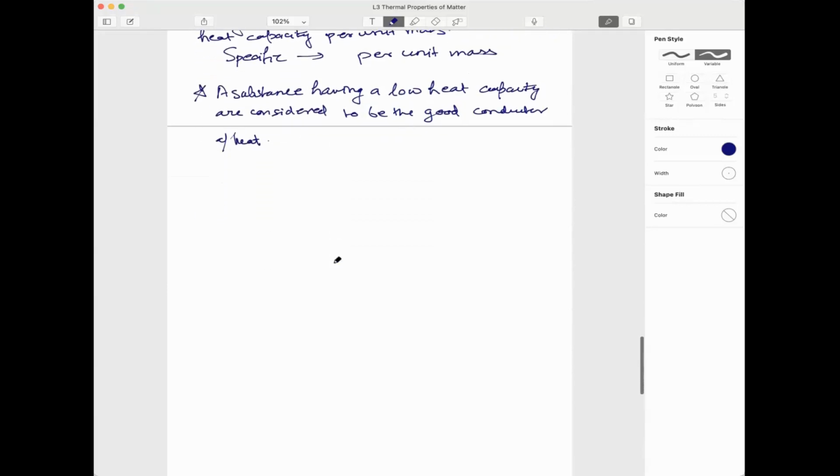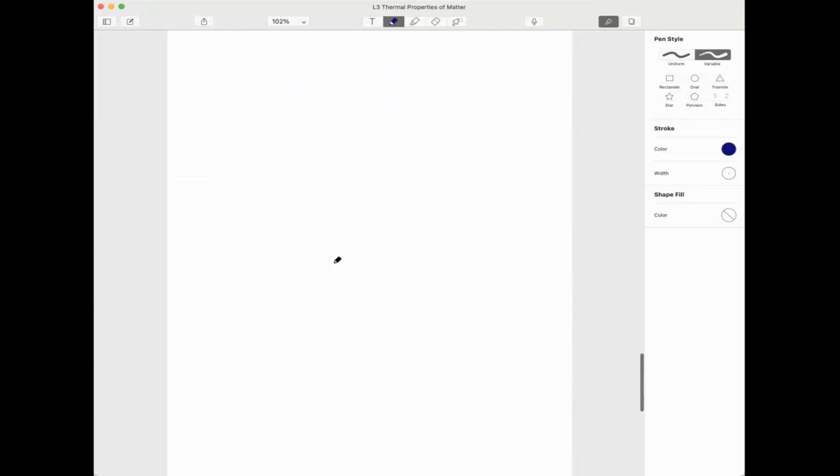Now, what is the use of this concept? Suppose you are given a steel block of mass 1 kg.